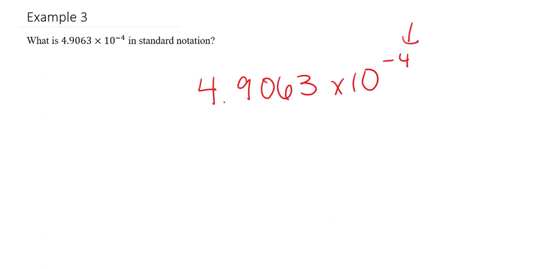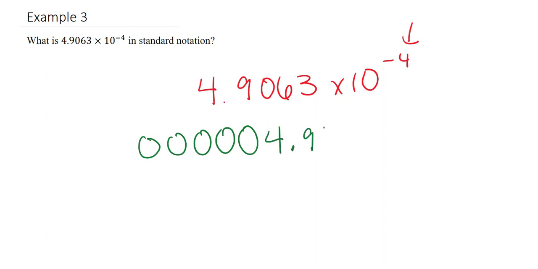Well, we have a negative b. So that indicates we're moving the decimal to the left. So let's add zeros. And then we can add this number. So let's move the decimal 4 times to the left.